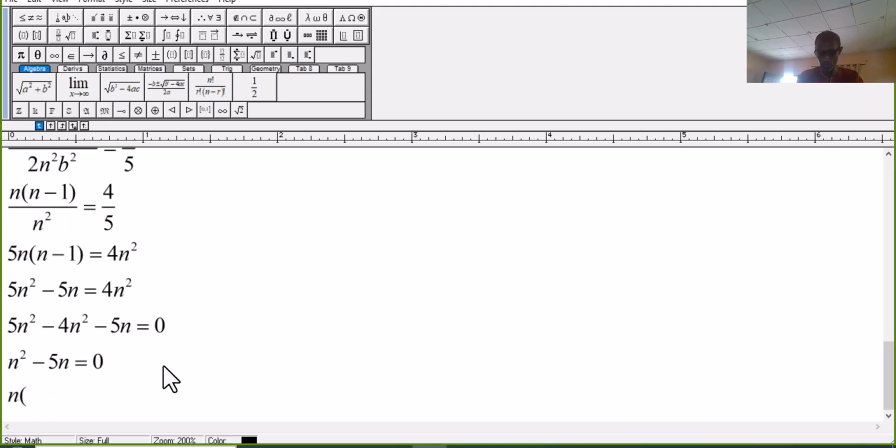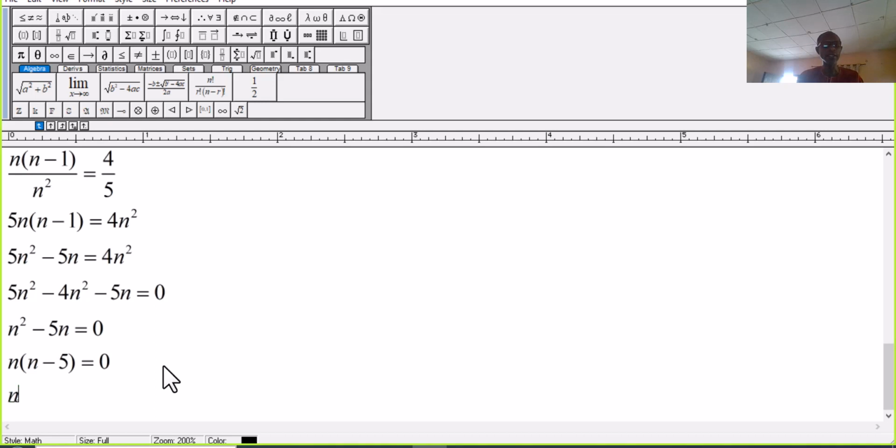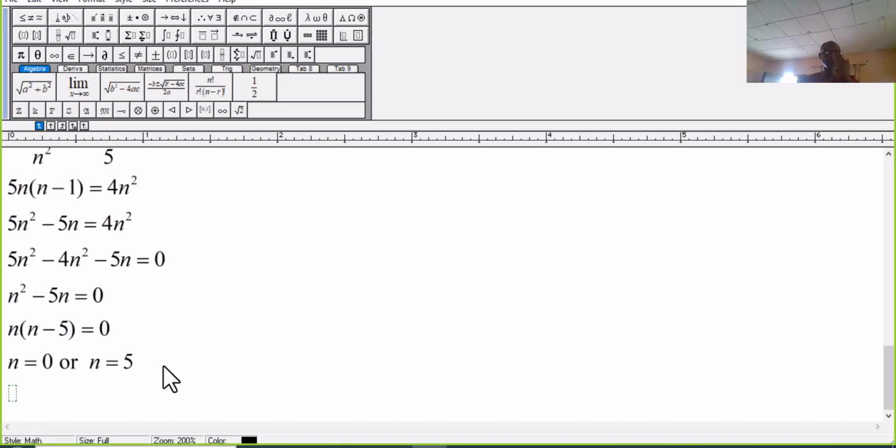That would be n into n minus 5 equals 0. So our n is either equal to 0 or 5. So our n cannot be 0. So our n is equal to 5. So we've gotten the value for our n.